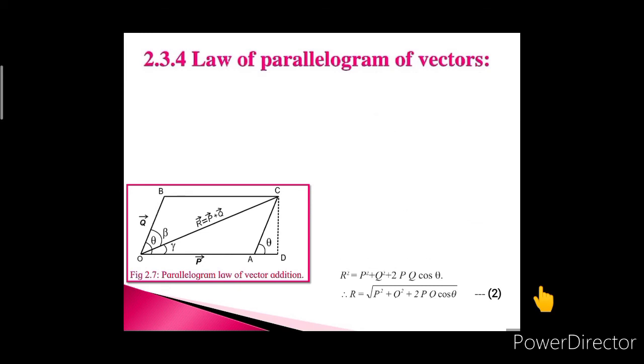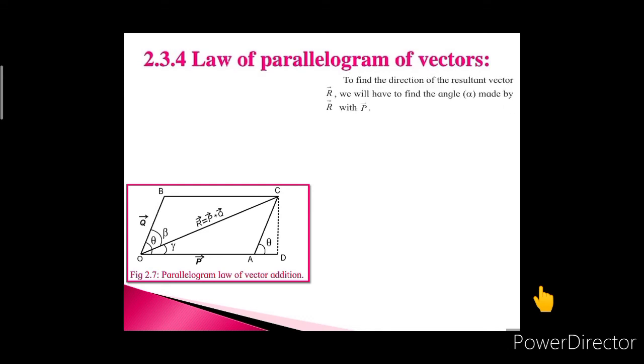Now next let's find out the direction of the resultant vector R. As the resultant vector has magnitude as well as direction, the magnitude we have determined, let us determine the direction of the resultant vector.